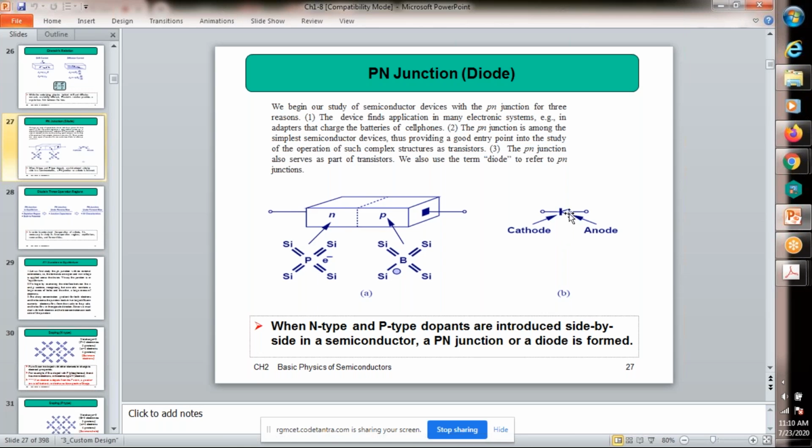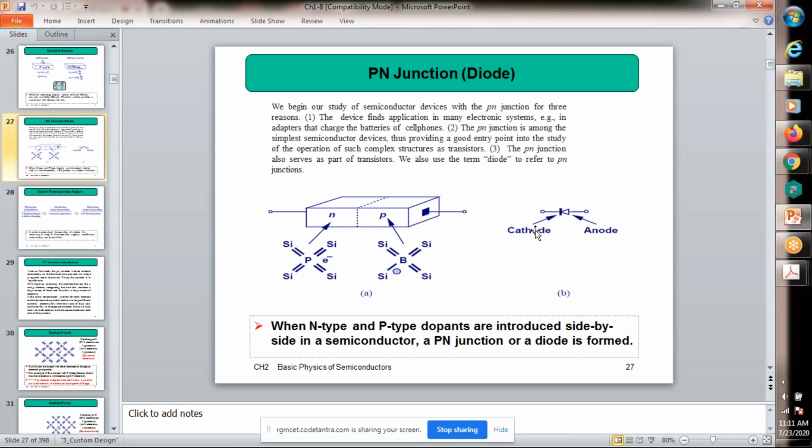What does this symbol indicate? There is an arrow here, the anode side. That means current always flows from anode to cathode. Here the vertical line indicates that the current cannot be simply transmitted from anode to cathode; it is transmitted in a controlled manner.